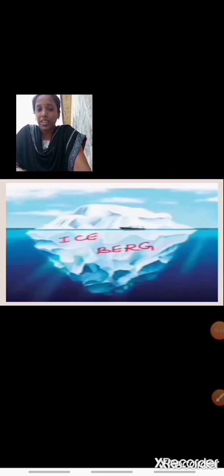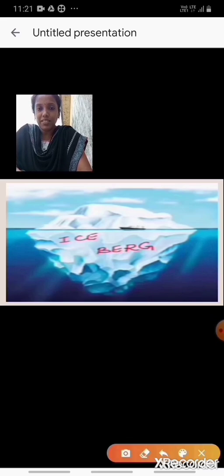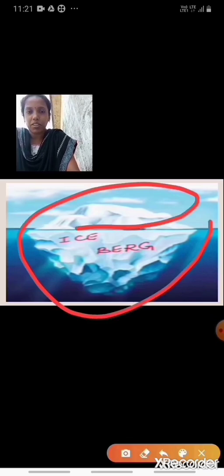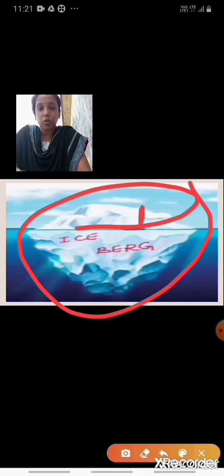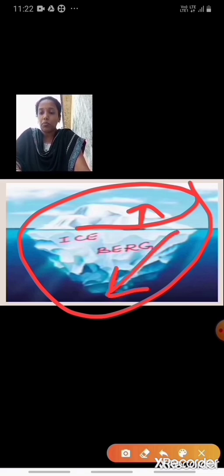In the image we can see an iceberg, and the above portion is very small, whereas it is a really huge mass from below, which is very irregular in shape.